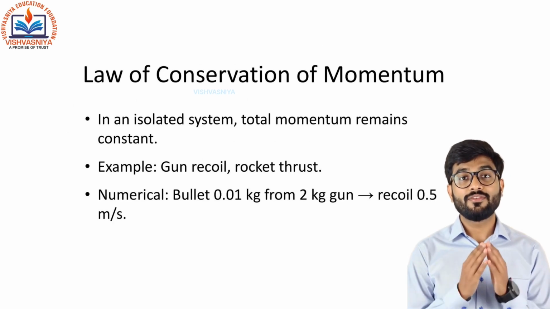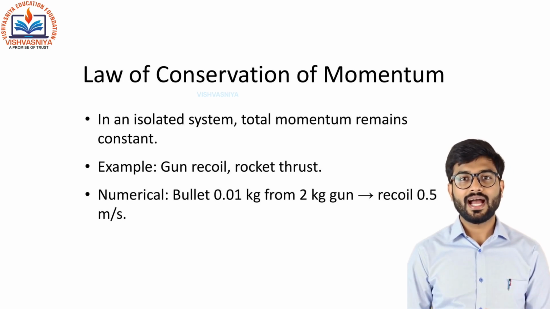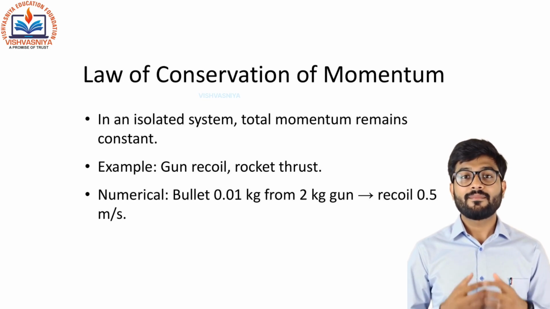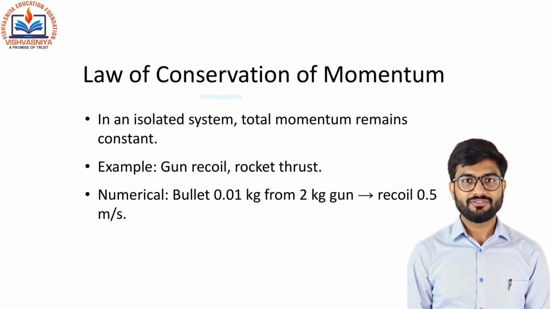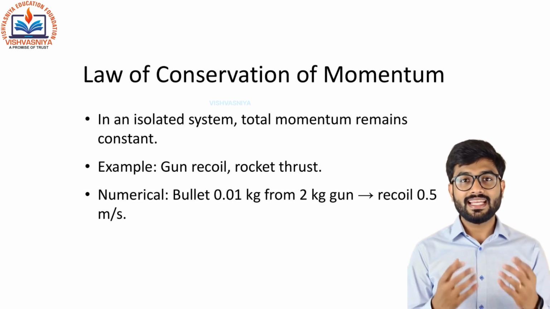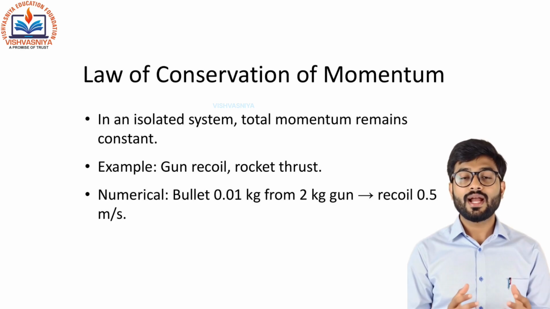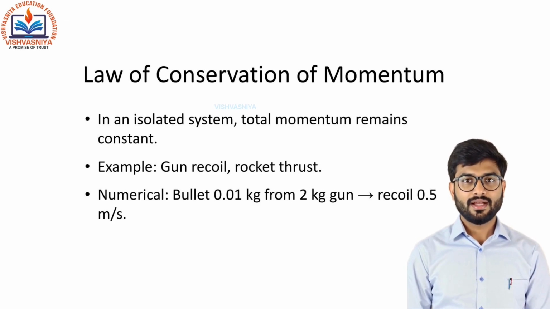When no external force acts on a system, the total momentum before and after the interaction remains constant. Example: when a gun fires a bullet, both start from rest. The bullet moves forward and the gun moves backward with equal and opposite momentum. Numerical example: suppose a bullet of 0.01 kg is fired from a 2 kg gun.